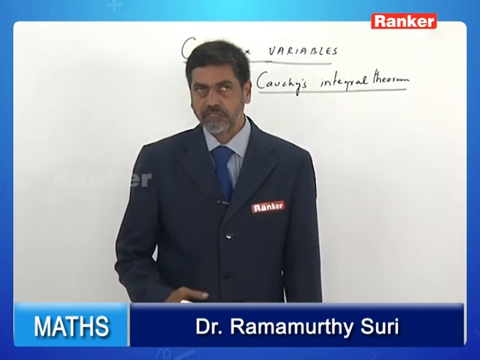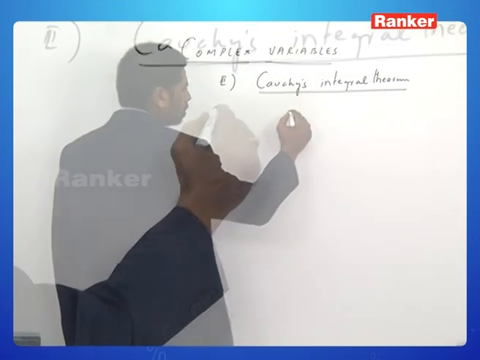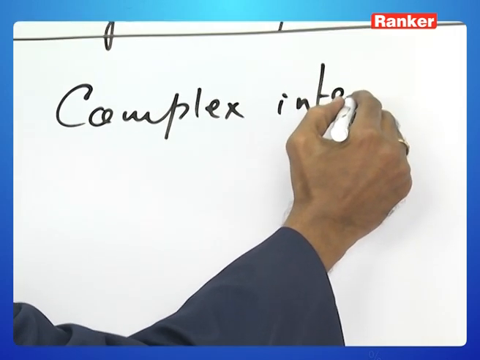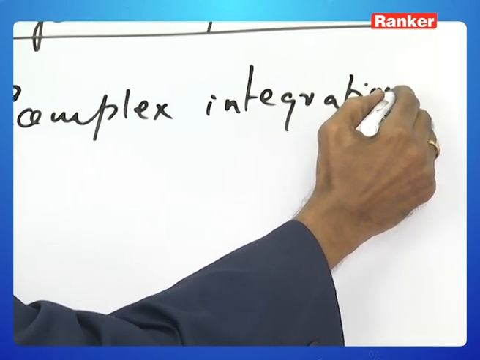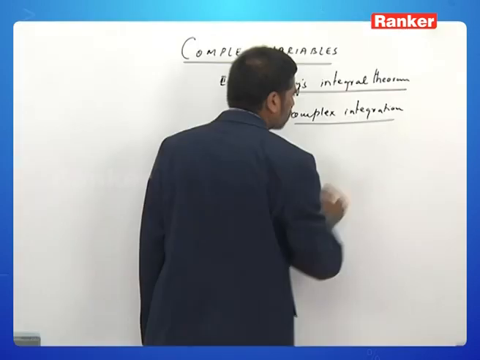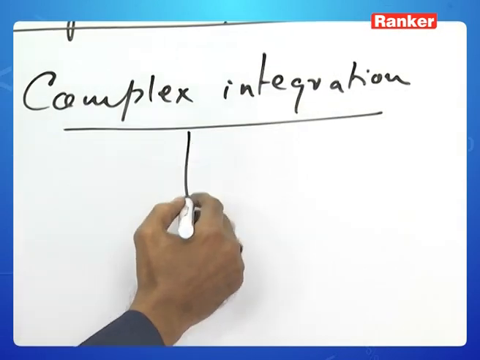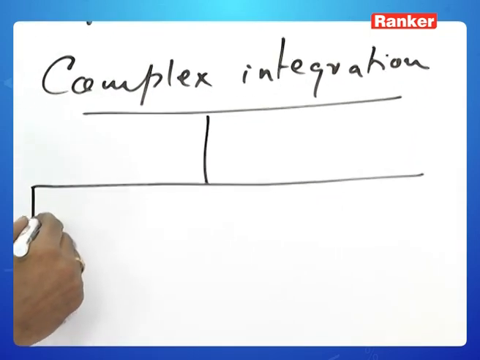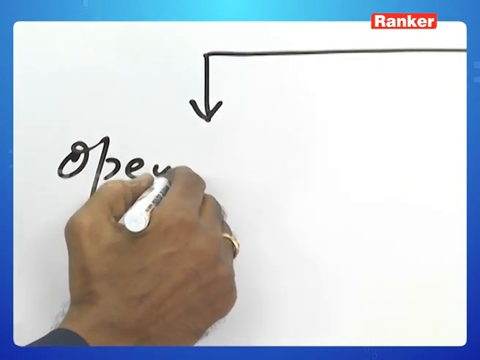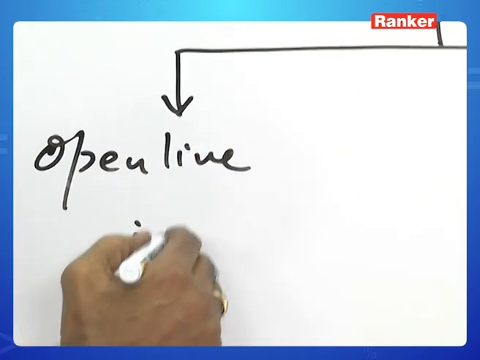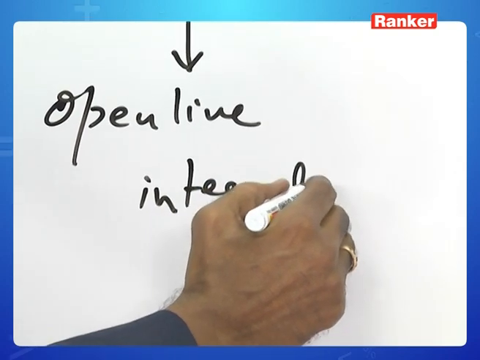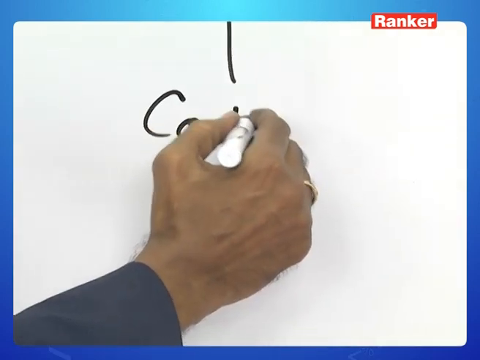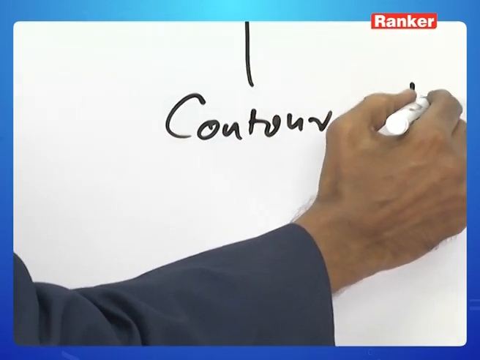Basically, complex integration consists of open line integrals and contour integrals.